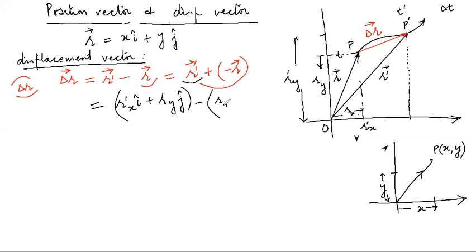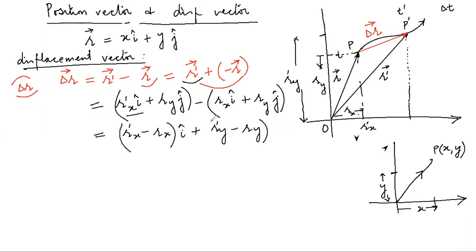That's again rx i cap plus ry j cap. Delta r is equal to this minus this, because vector addition is cumulative. So it becomes (r dash x minus rx) into i cap plus (r dash y minus ry) into j cap. And guys, do you really understand what this is?